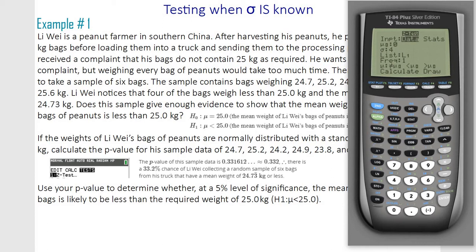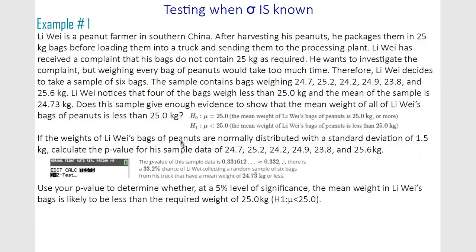Then you put your mean as 25, your standard deviation, in this case the population standard deviation, 1.5, that was given to us. It would be our list. Then we would do a one-tailed, the left side, and hit calculate. I didn't put the list in there, so I can't hit calculate, but what should pop out is this number.